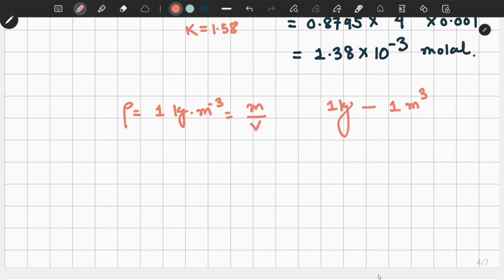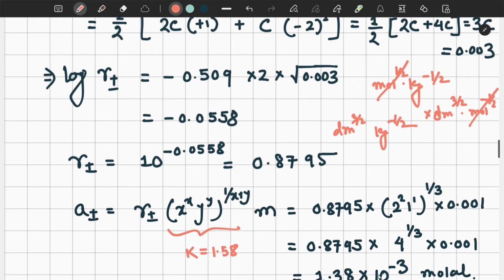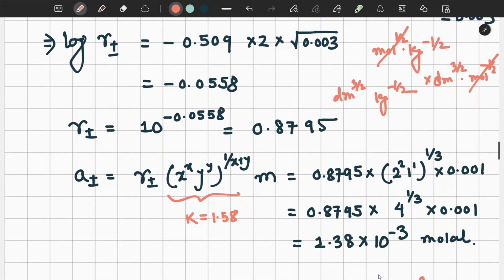So we have 1 kg, 1 meter cube, and 1 meter is 10 to the power 3 decimeter cube. But it is kg to the power half. Kg to the power half is there.